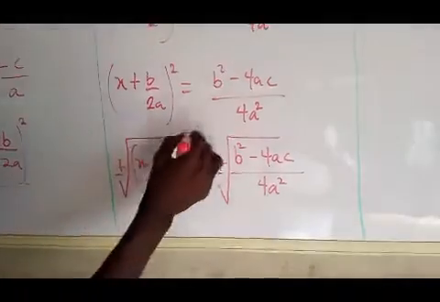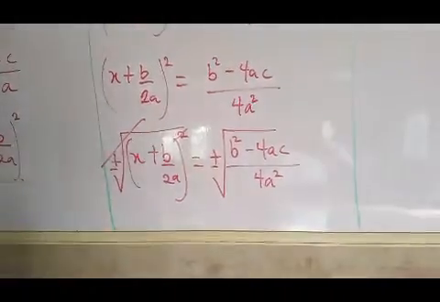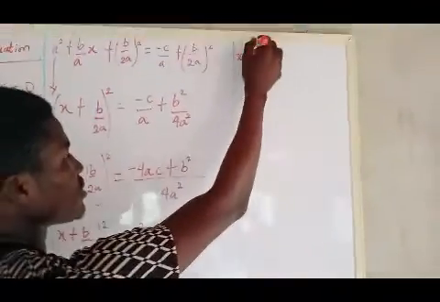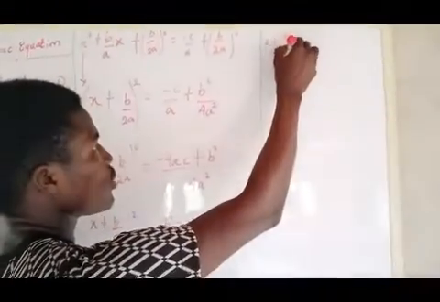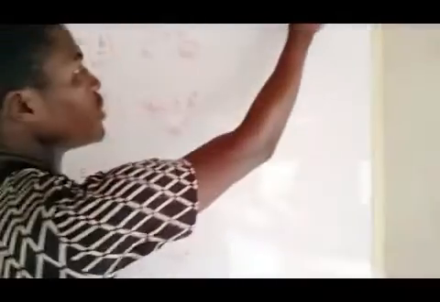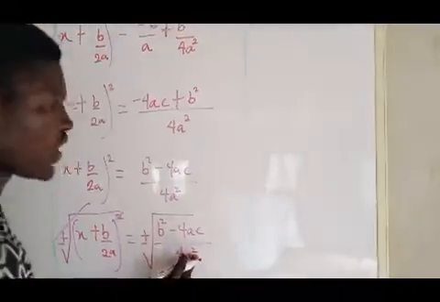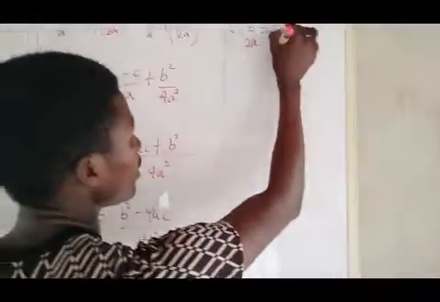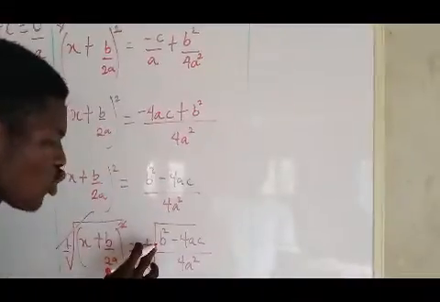All right, so this square will cancel the square root here. So I'll now be left with what? x plus b over 2a equals to, now the square root of 4 is what? 2. The square root of a squared is what? a, all over the square root.